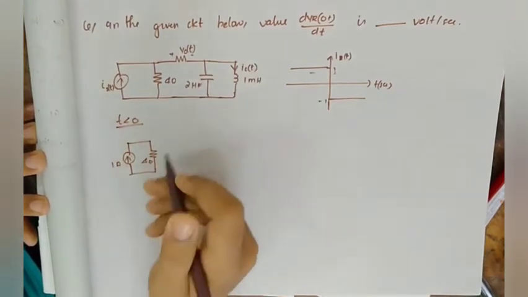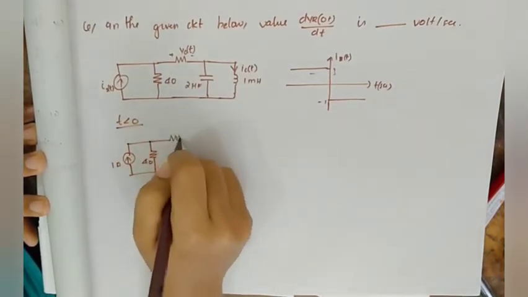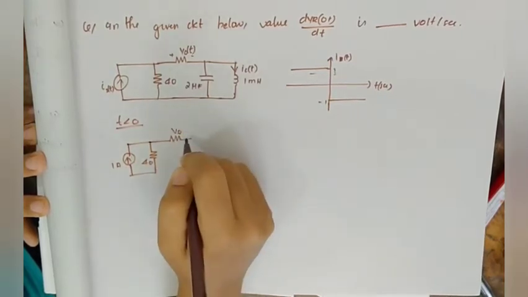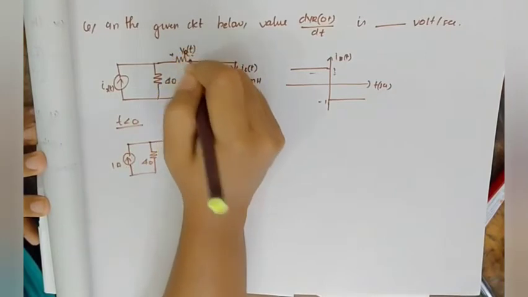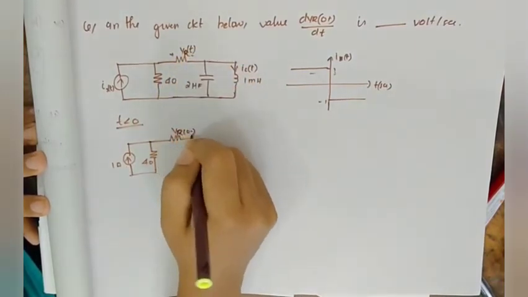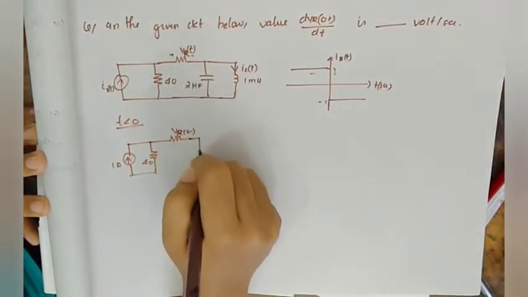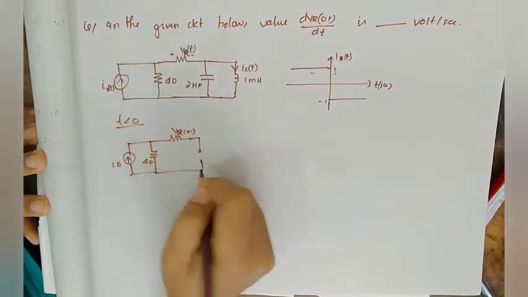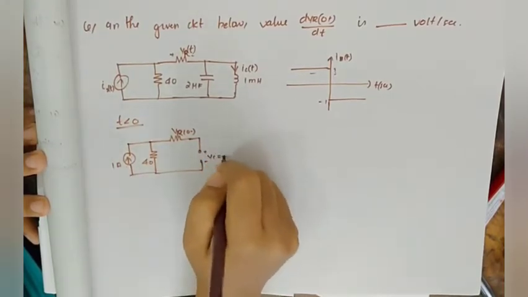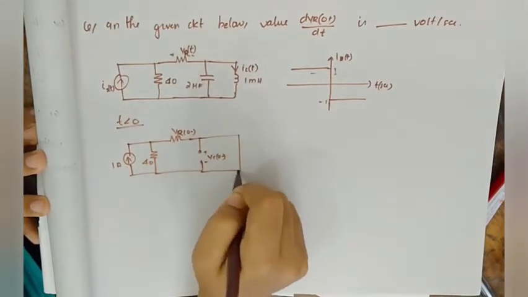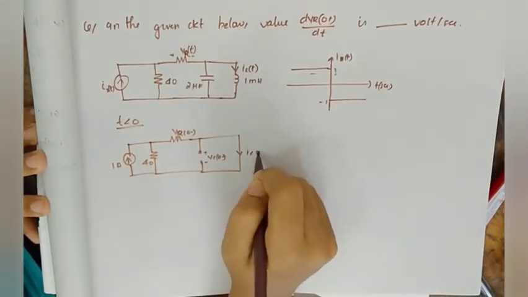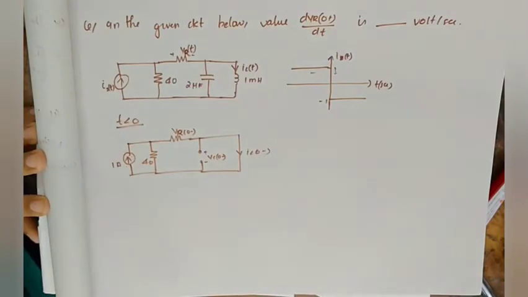It is VR, okay? So VR of 0 minus, Vc of 0 minus, again IL of 0 minus.